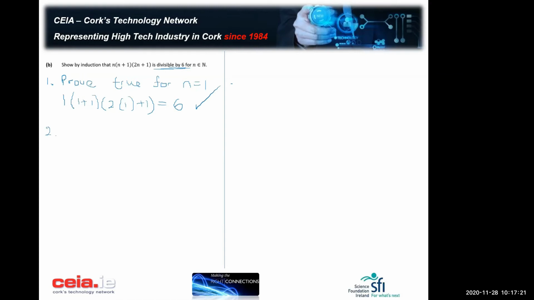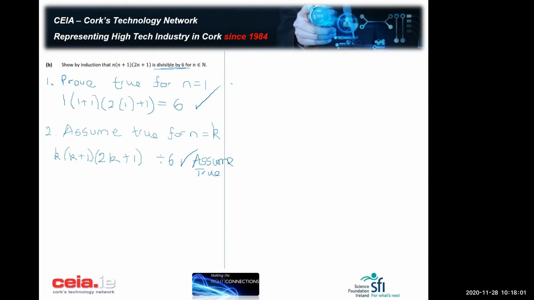Step 2, which is always the same, is assume that it's true for n is equal to k. That's again very easy. You just slot in k plus 1 into 2k plus 1, and you're saying it is divisible by 6, and you're saying it's true. You've assumed that it's true, which means that you can use this in the latter part of the proof to help you prove that it's true for k plus 1.